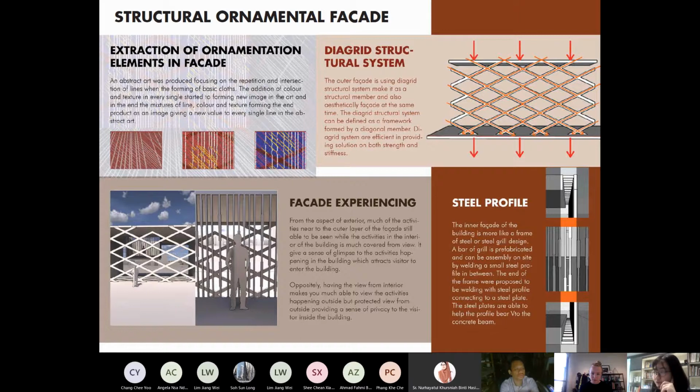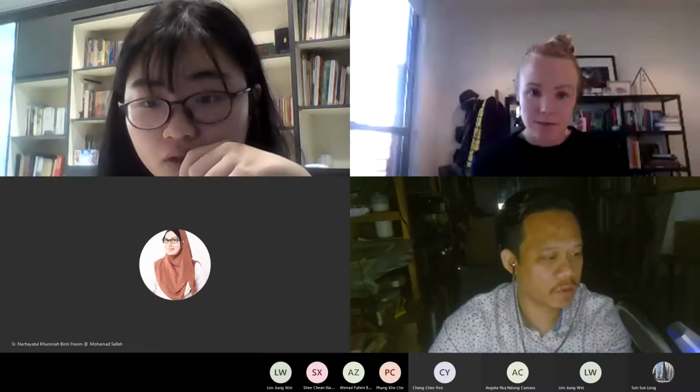Because of the layering, I have two facades in the building, where the first facade is a diagrid structure system. So this structure is... Do you mind if I show one video for now? It's an actual model of this structural element, and it will explain better than these slides. Yeah, sure. Go ahead.